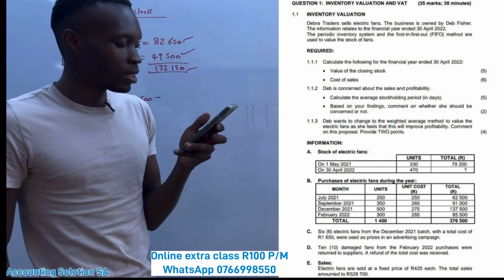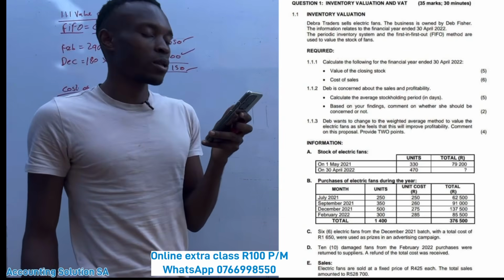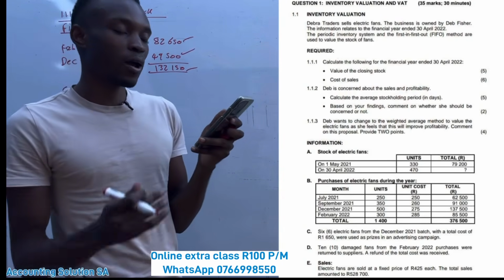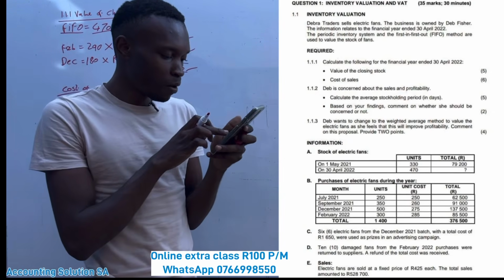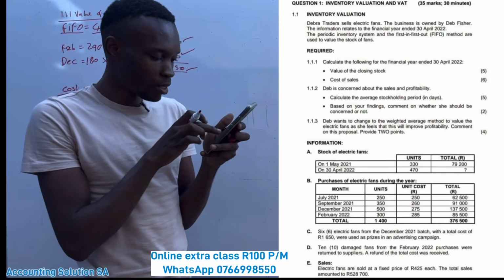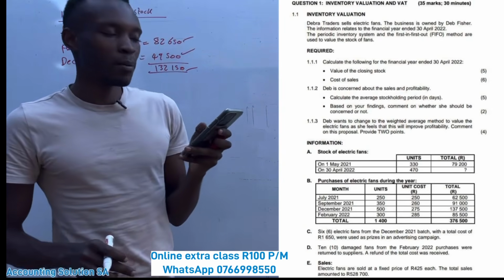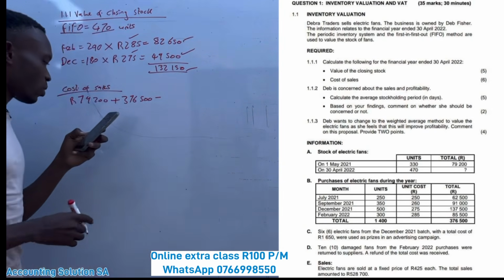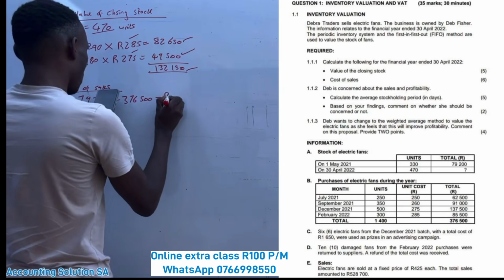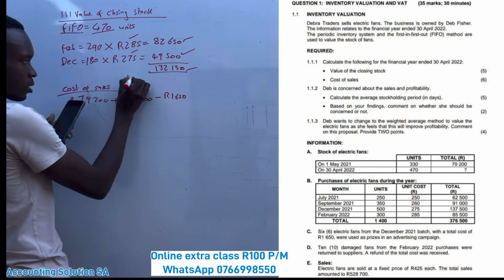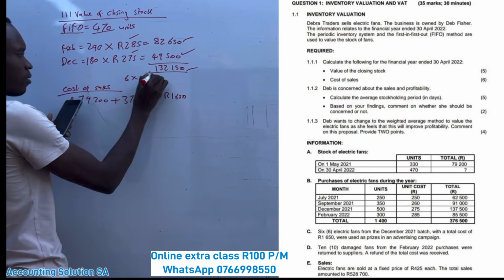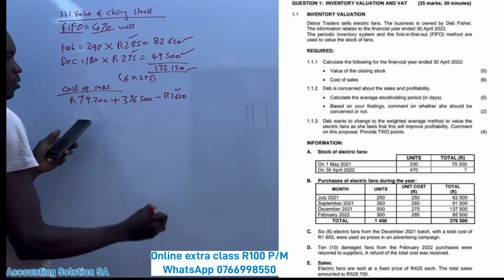Number C, 6 electronic fans were used for campaign. We have to deduct it, which means we're going to say 6 multiplied by the December amount of 275. 6 multiplied by 275 is going to give you an amount of 1,650.